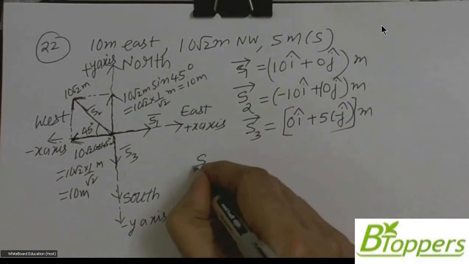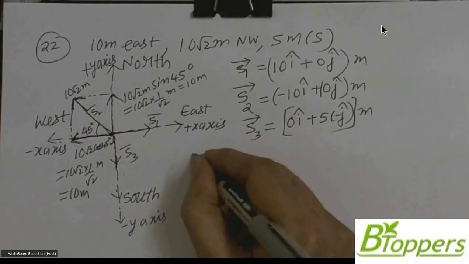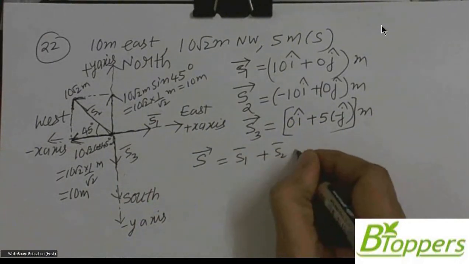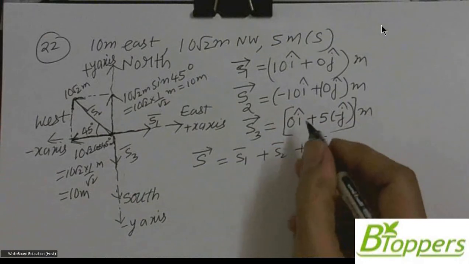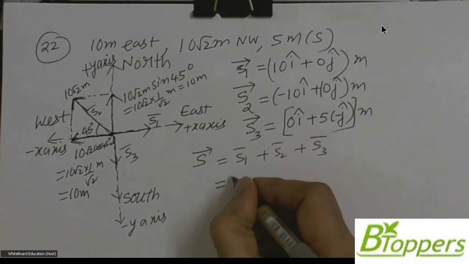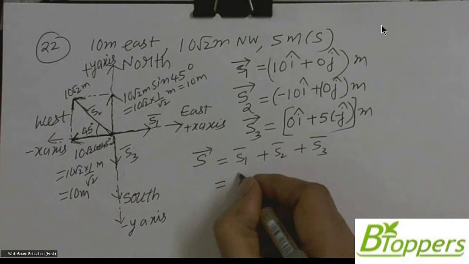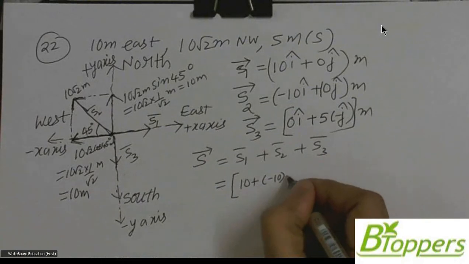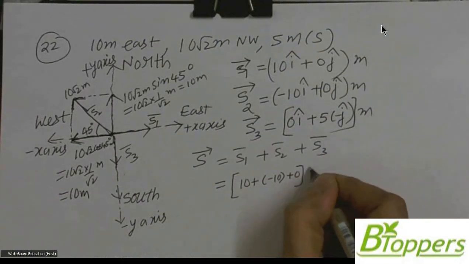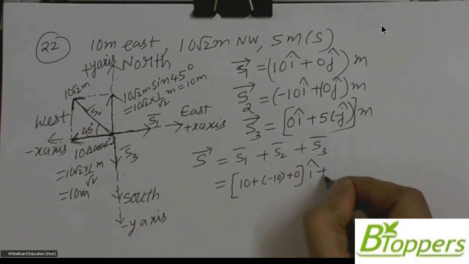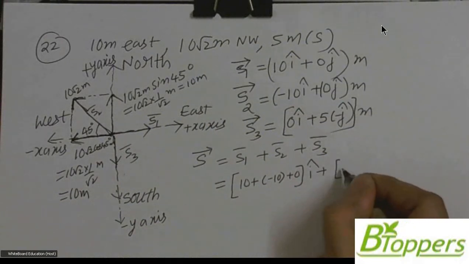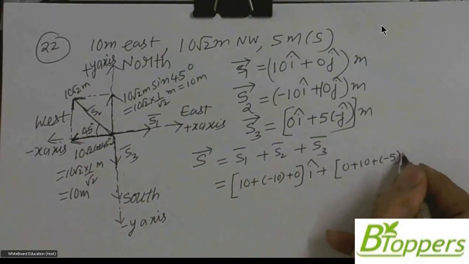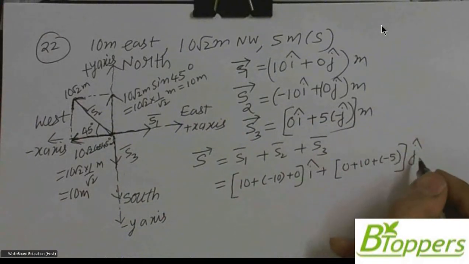The resultant of the three displacement vectors is denoted by S bar. You can write S1 bar plus S2 bar plus S3 bar. Adding the corresponding components, you can write 10 plus minus 10 plus 0 into i cap plus 0 plus 10 plus minus 5 into j cap.